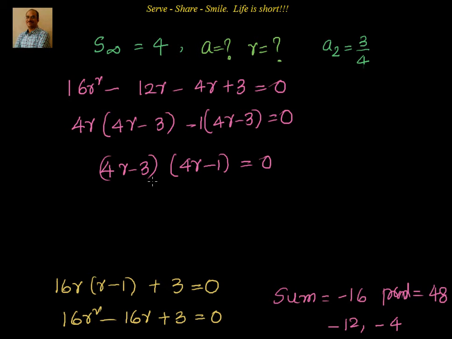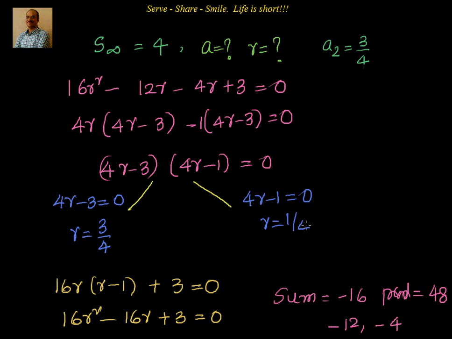Now we have two conditions. If 4R minus 3 equal to 0, then R equal to 3 by 4. And if 4R minus 1 equal to 0, R equal to 1 by 4.